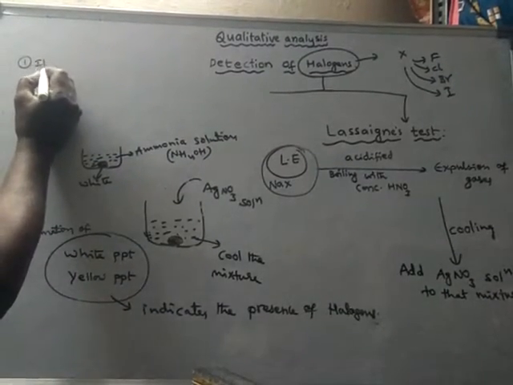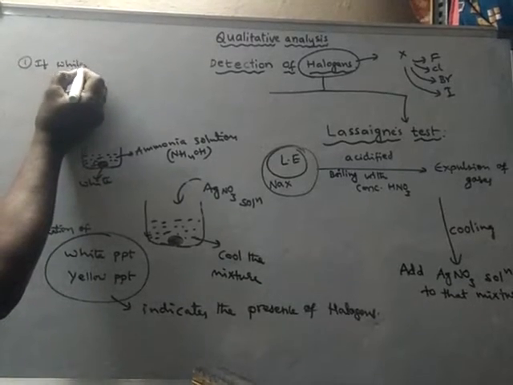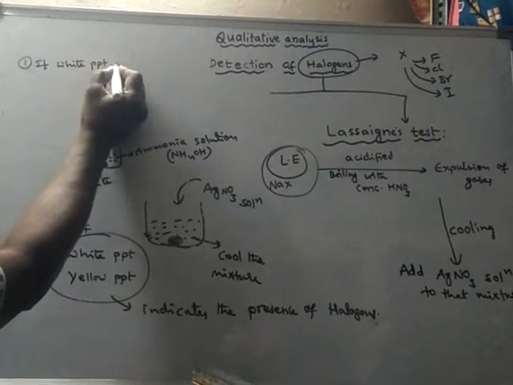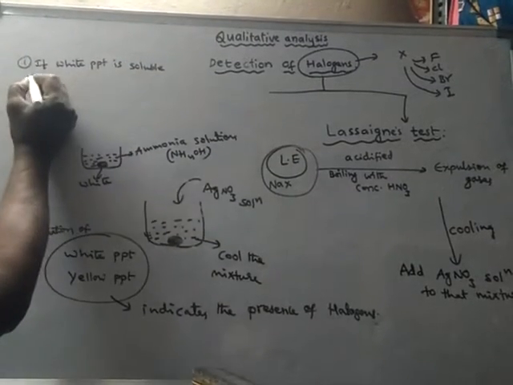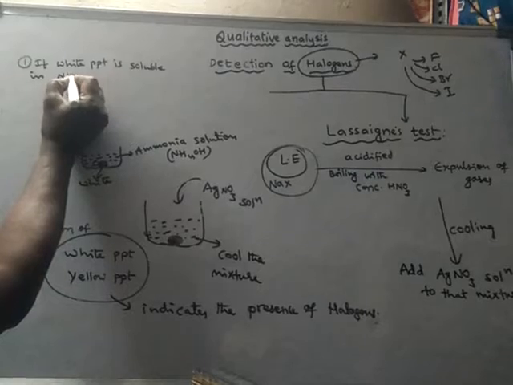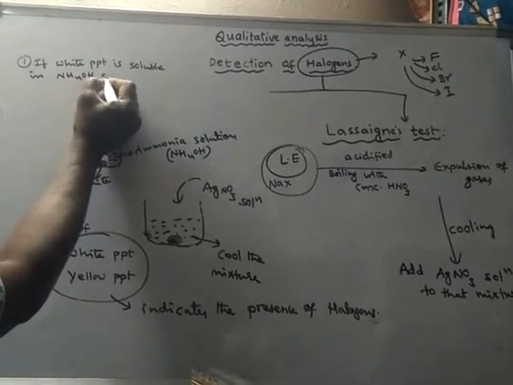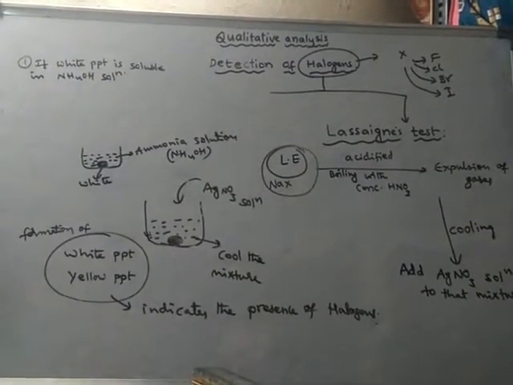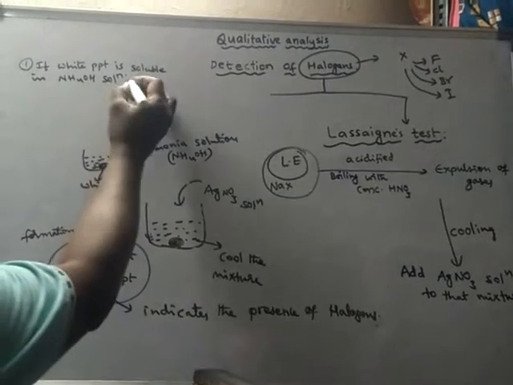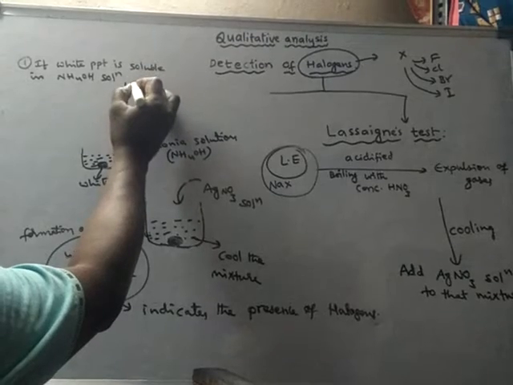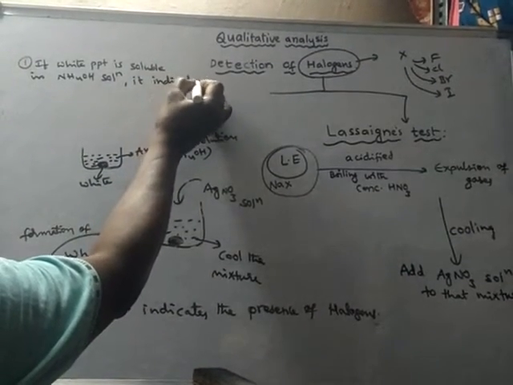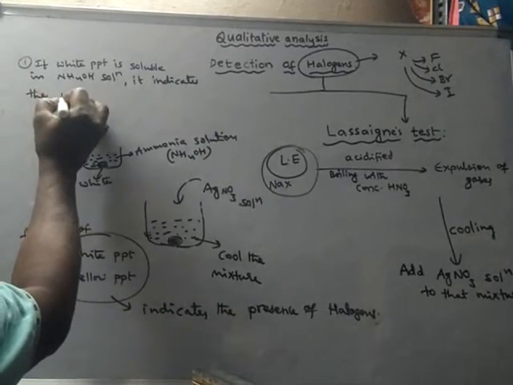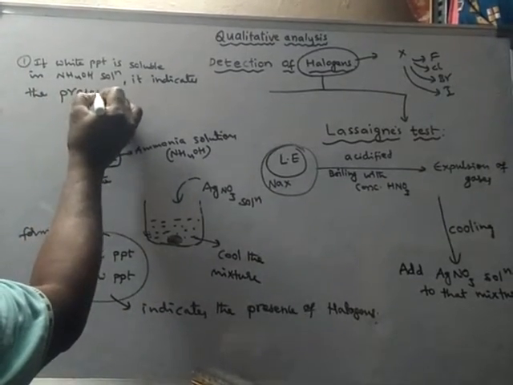That means if the white precipitate is soluble completely in NH4OH solution, it indicates, and this is important, the presence of which halogen?